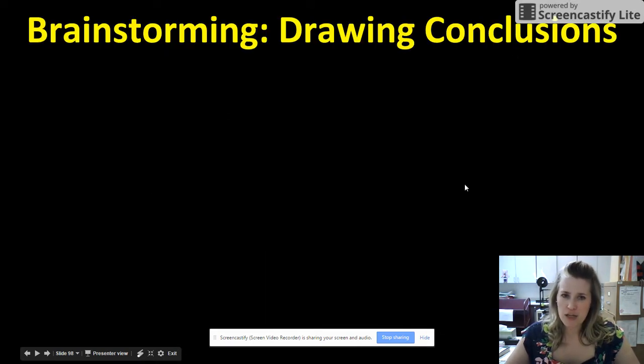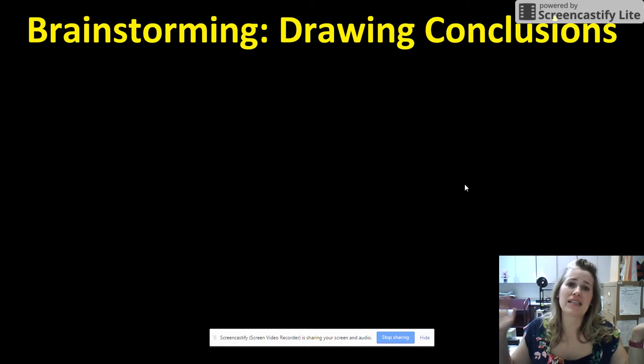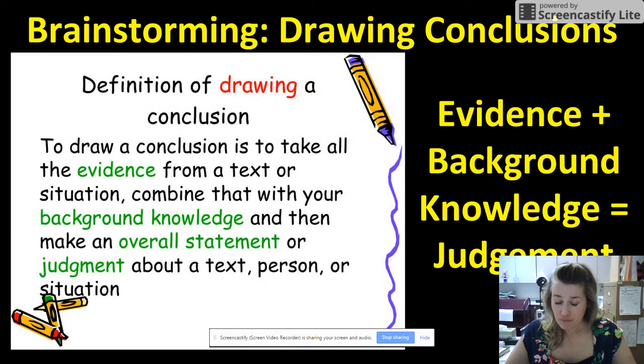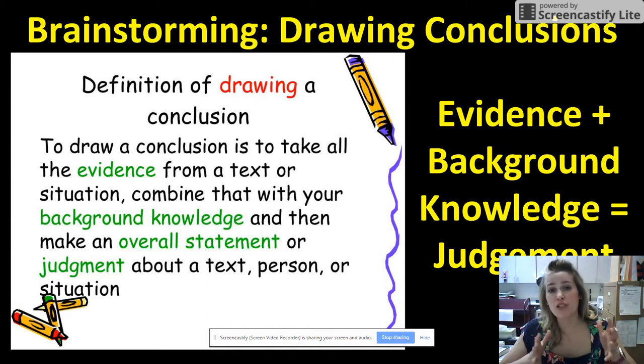So how are we going to come up with a thesis statement? It's kind of a daunting task. So what steps can we follow in order to make it happen more easily? Well, we are going to be drawing conclusions. Drawing a conclusion is going to help us come up with the first part of our thesis statement, or the claim.